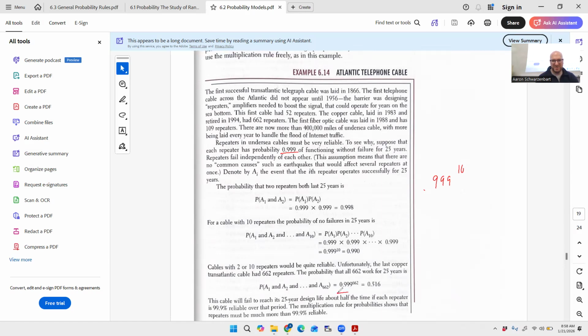But with 662 repeaters, it's 0.999 to the 662nd, which is only about 51%. There's a 48.4% chance that it won't last 25 years when you have that many repeaters, even though each one failing individually was so unlikely. Does that make sense? And again, using that complement rule becomes very powerful.